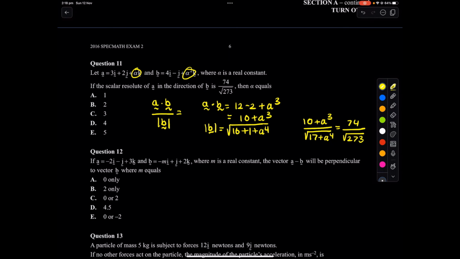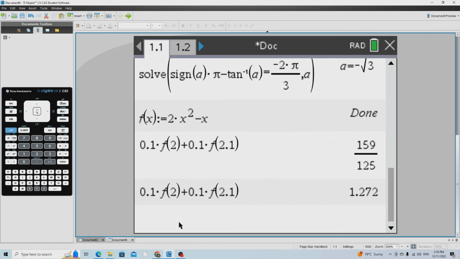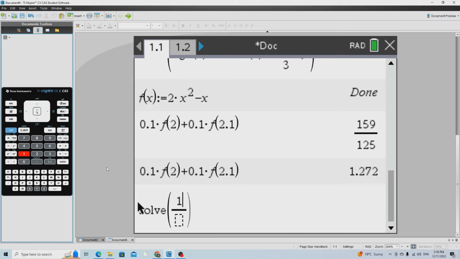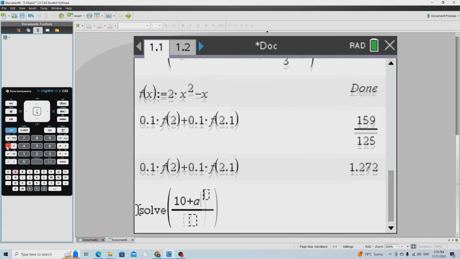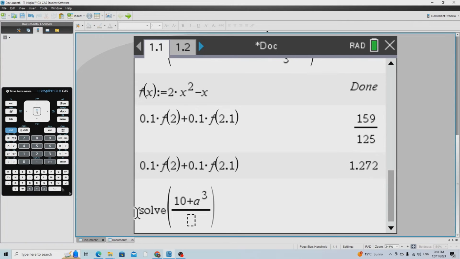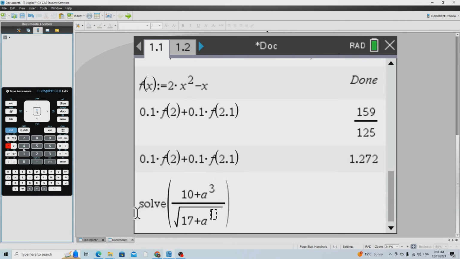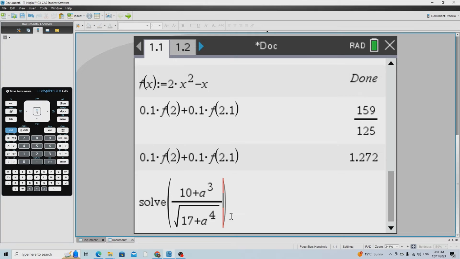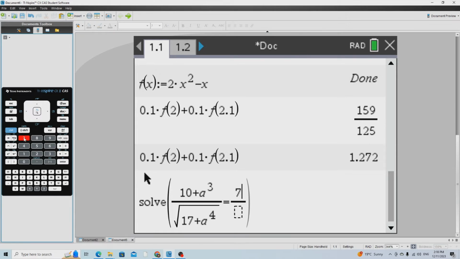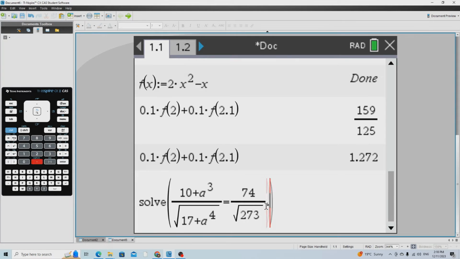Use our calculator to solve this. So go on your calculator and say solve 10 plus A to the power 3 over the square root of 17 plus A to the power 4 equals 74 over the square root of 273, comma A.